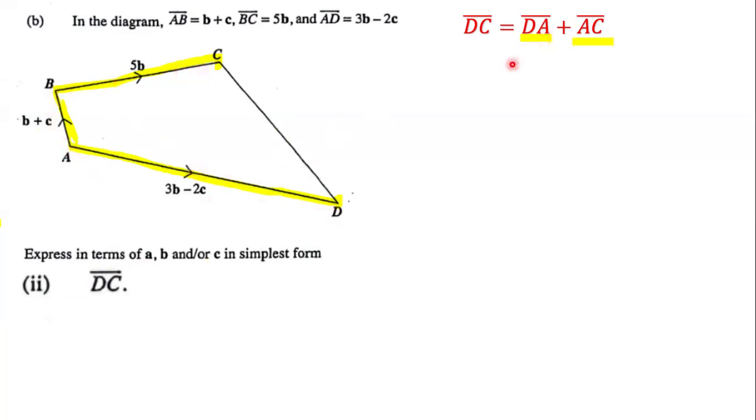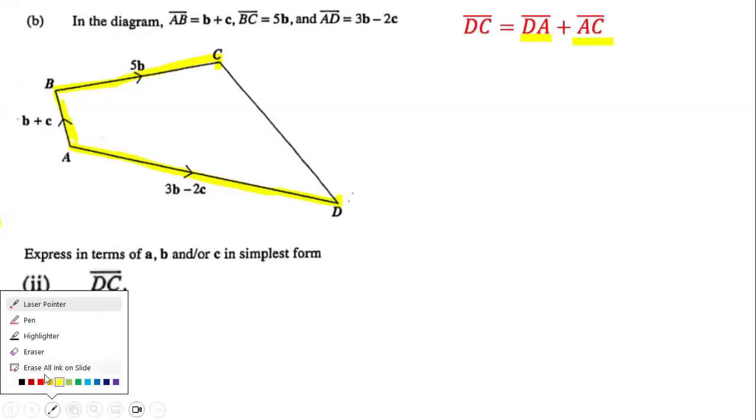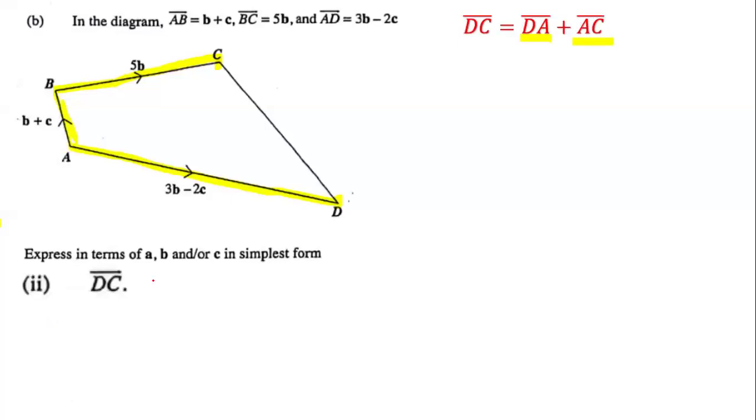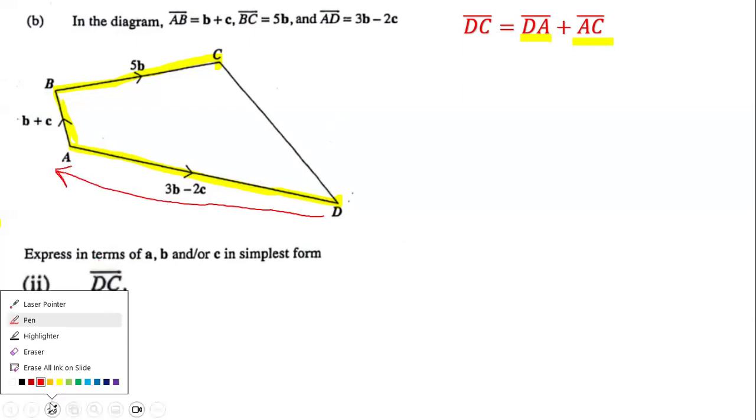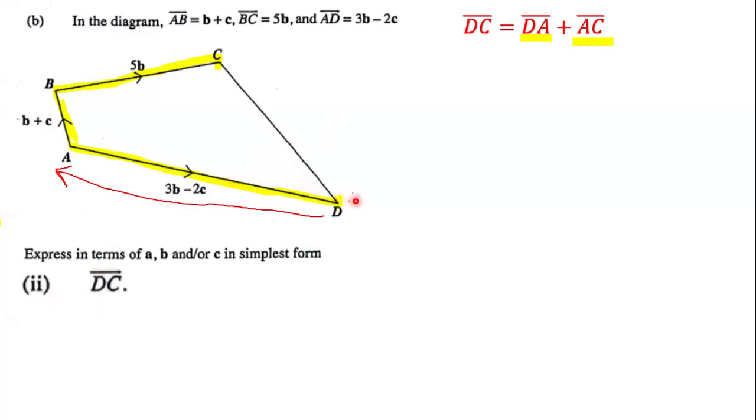Okay, what is D to A? If you notice carefully, D to A is going in the opposite direction of A to D. So since it's going in the opposite direction, we're gonna put negative AD.